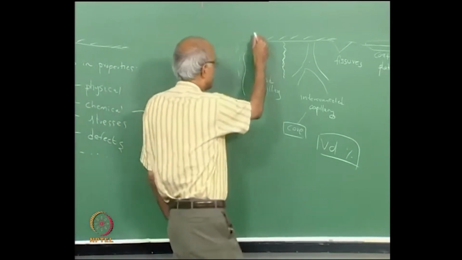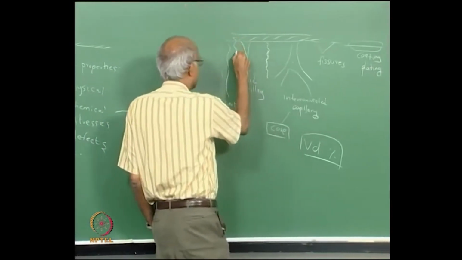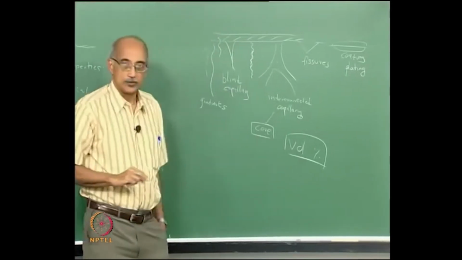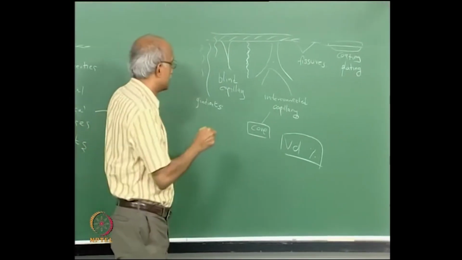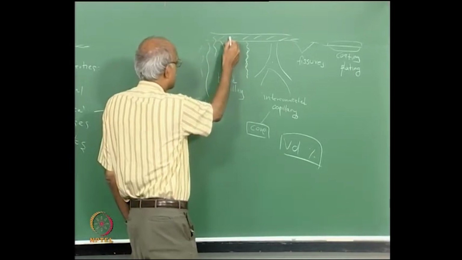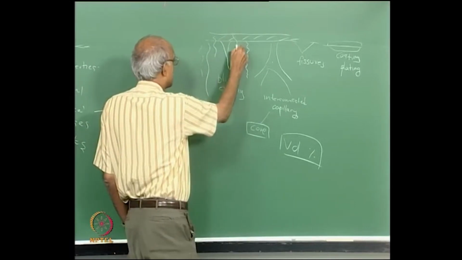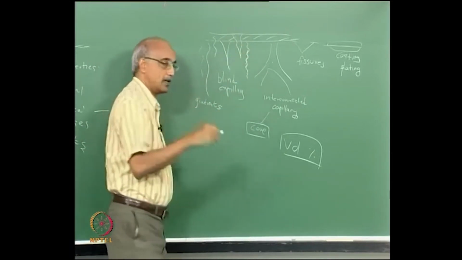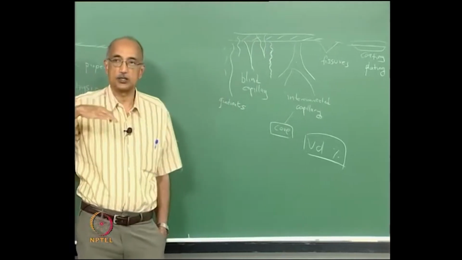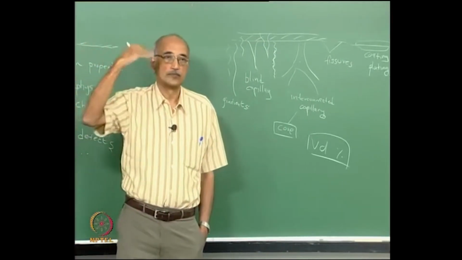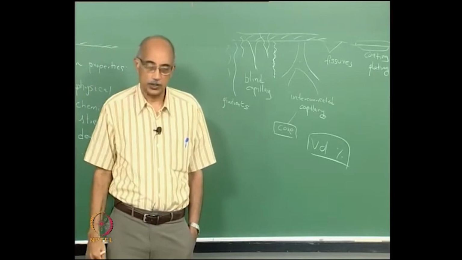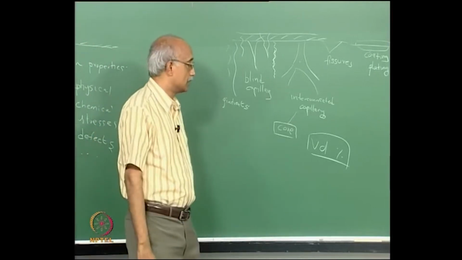So as you build up a coating on top of it, this becomes part of the subsurface, and the properties will now start showing a variation right from this point onwards. So the gradient, the reference point for the gradient also shifts to the exterior surface of the coating or plating or whatever you are doing.